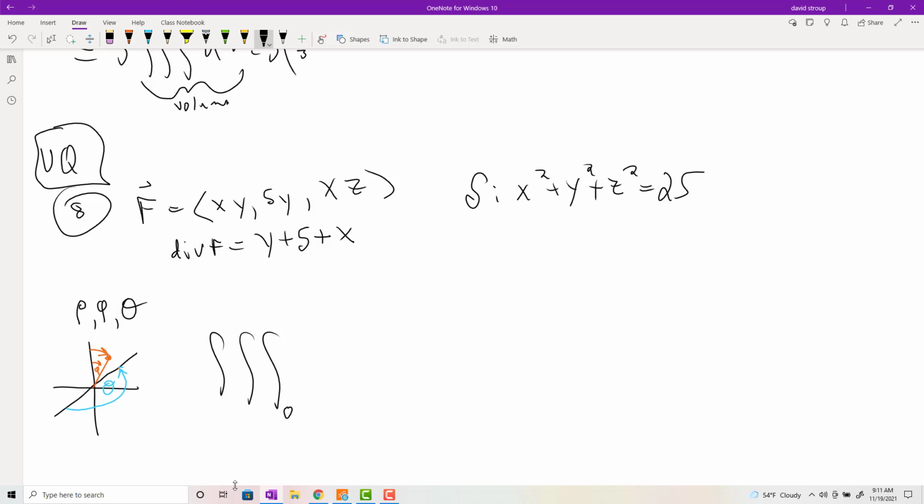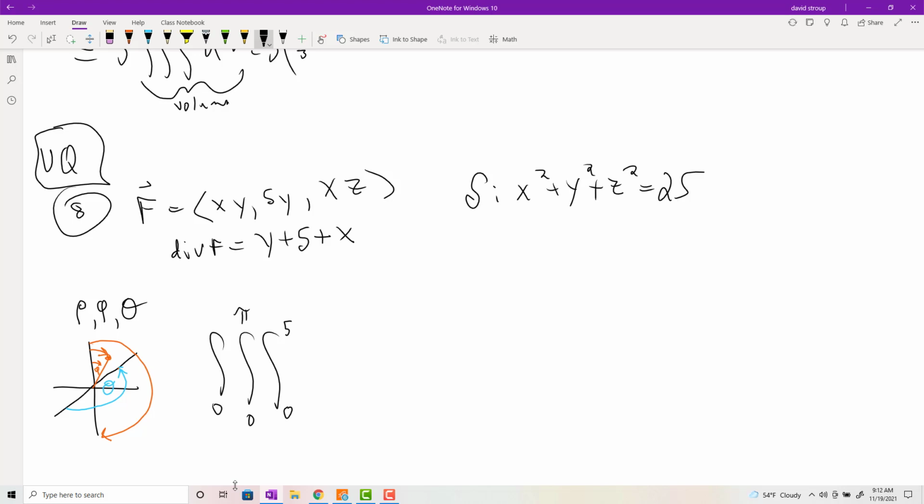Anyways, I need to put everything in terms of rho, phi, and theta. Rho, the arm, is going from 0 to 5. It's kind of like the r value, except the arm is coming down from the z-axis. And then I need to go all the way from 0 to pi over 2 for the entire sphere.